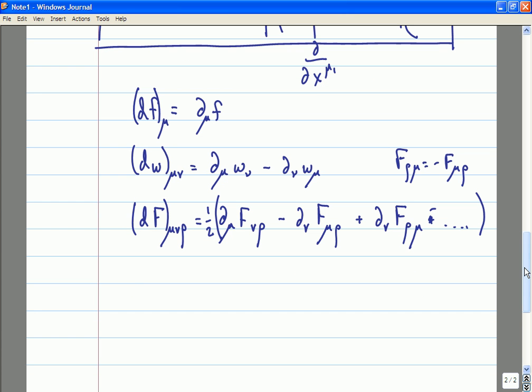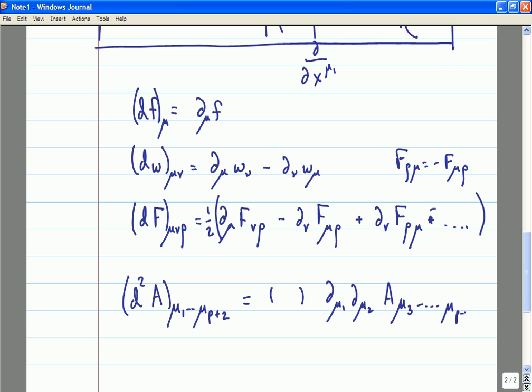So, for example, d squared of a will be a p plus 2 form, which will have some coefficient out front, times d mu 1, d mu 2, a mu 3, all the way up to mu p plus 2.